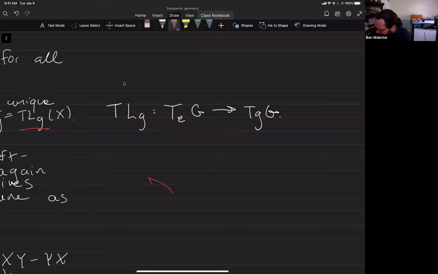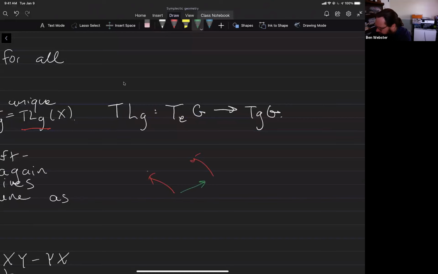Maybe I'll draw X this way and Y this way. And the Lie bracket is exactly the difference between going along X and then Y, and going along Y and then X. So this is Y, this is X. And then the failure of this guy to close up, that's the Lie bracket XY.